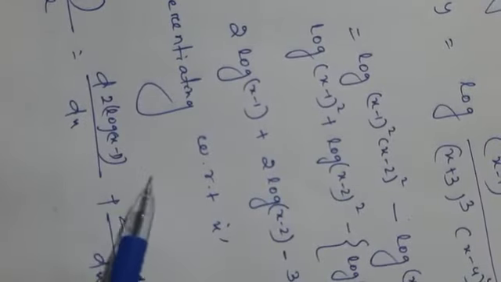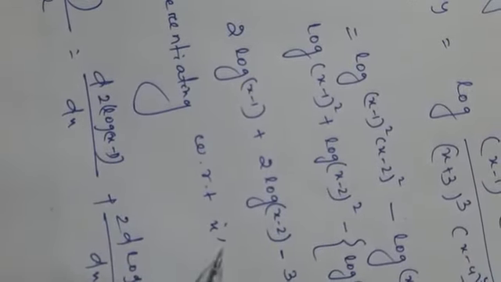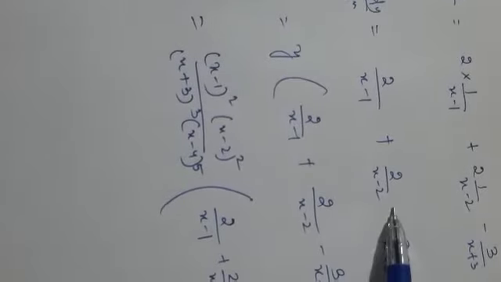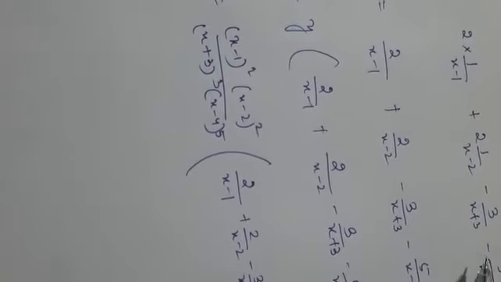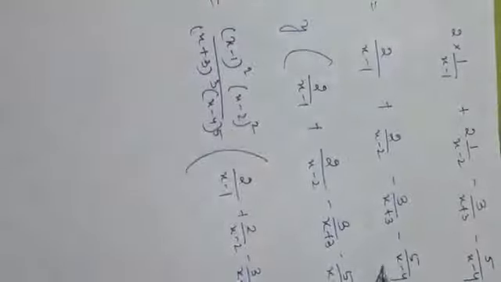Then the derivative of 2 log(x minus 1): 2 is a constant, log theta gives 1 by (x minus 1) into the derivative of x minus 1, which is equal to 1. So what value are we getting? 2 by x minus 1, plus 2 by x minus 2, minus 3 by x plus 3, minus 5 by x minus 4.